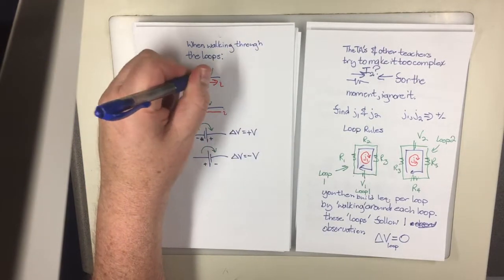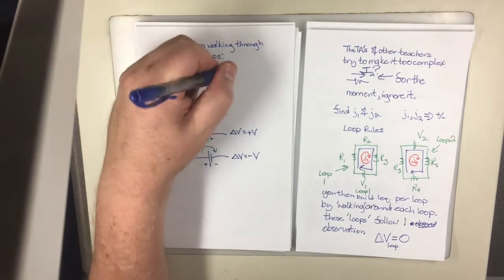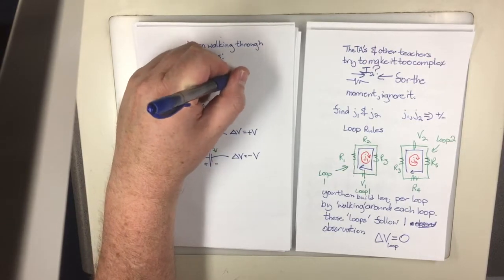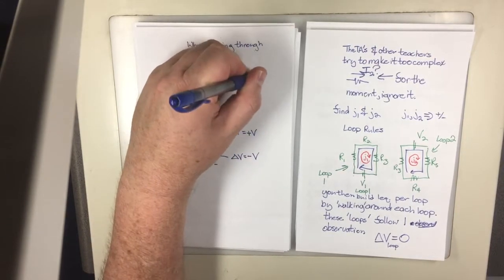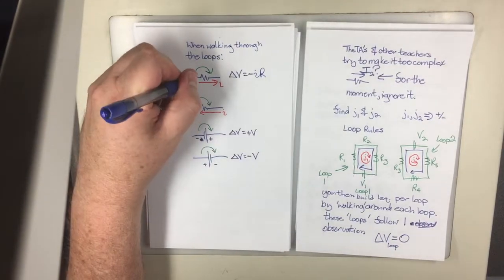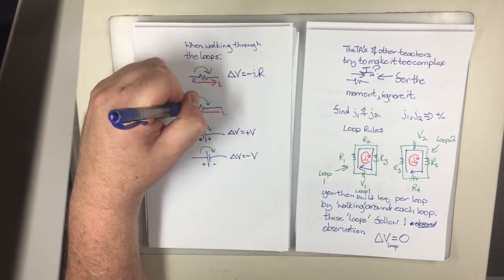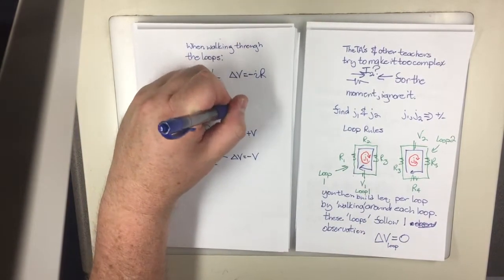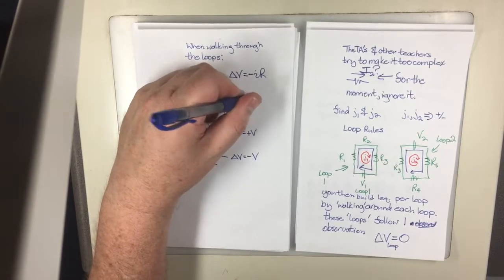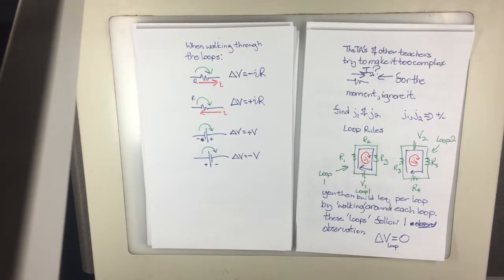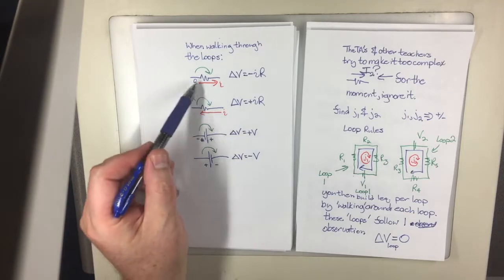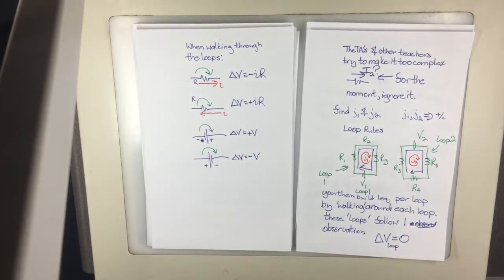When you're going with the current across a resistor, the change in potential is negative IR. When going against the current, the change in potential is positive IR. This is a lot like going down a waterfall: your change in potential is negative because you're going downhill.